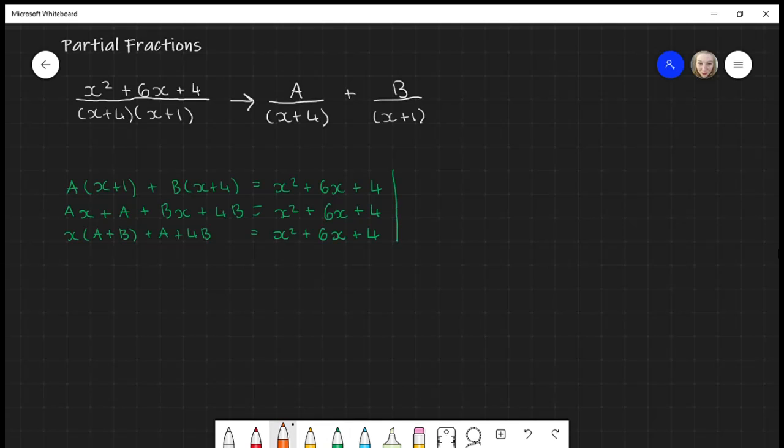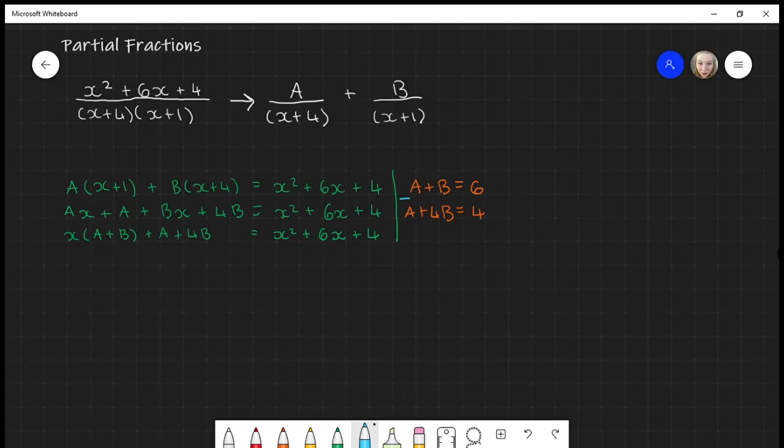The left-hand side has 0 x squared coefficients, and so we can ignore the x squared. The left-hand side does have an x coefficient, which is a plus b, and on the right-hand side, this is equal to 6. And then we are left with a plus 4b equal to 4. Now we can solve the simultaneous equations.